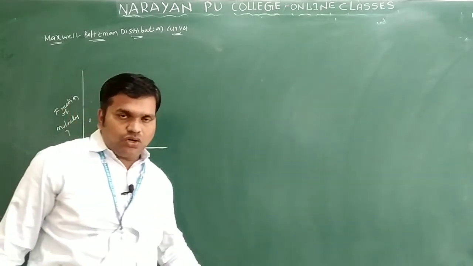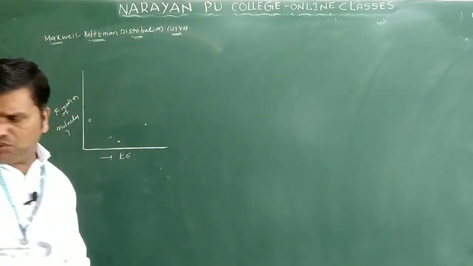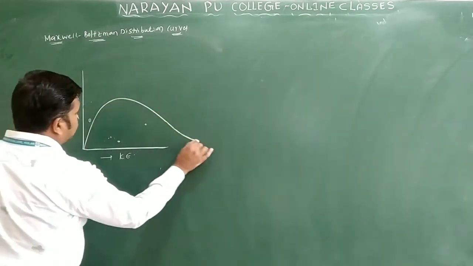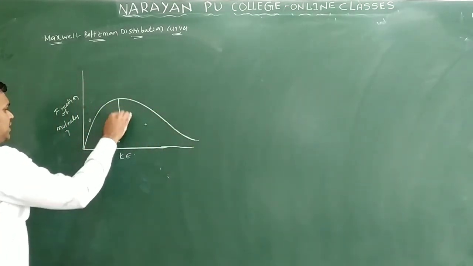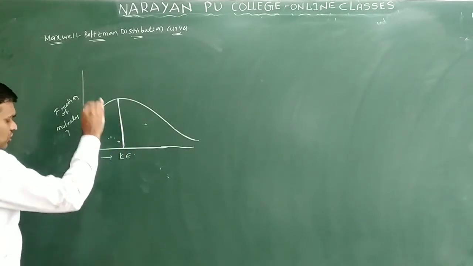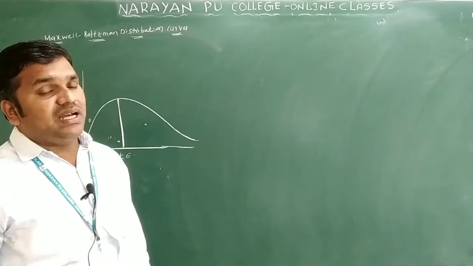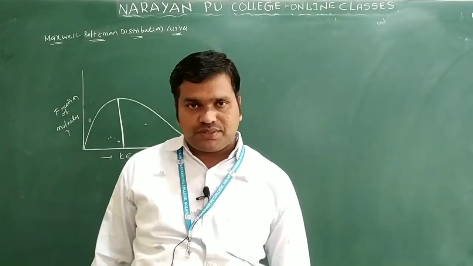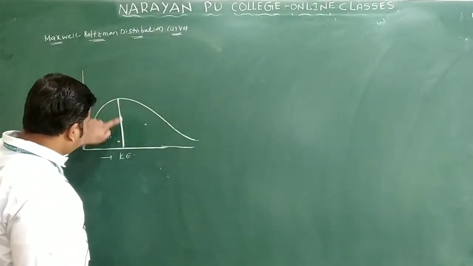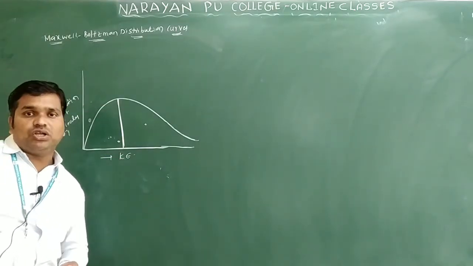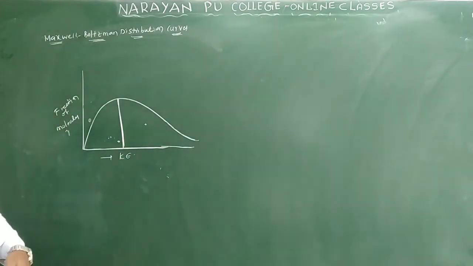Okay, the concept is already there from the first view, I just want to recall it here. Let's say I draw one graph here. You see this point, this is the maxima of the curve. At this point, the velocity is possessed by the maximum number of molecules. That we are calling as what? Most probable velocity.